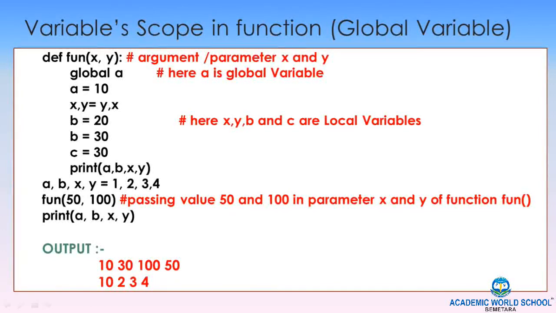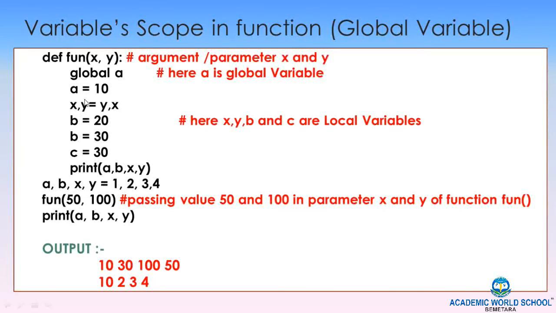Now in this fun, with 50 and 100, A is a global variable, the value is 10, and the x and y values are interchanged. When I change the values, they are swapped.